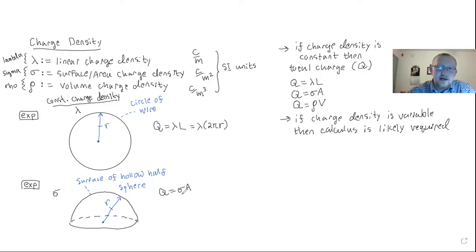In this case, we know this is half of a hollow sphere, and we know that the surface area of a sphere is 4 pi r squared from a few videos ago. To get the half hollow sphere, we just divide by 2. Total area here is 2 pi r squared. Plug that in for area, and we have found the total charge on the surface of the hollow half sphere.